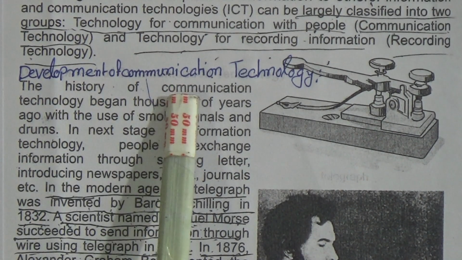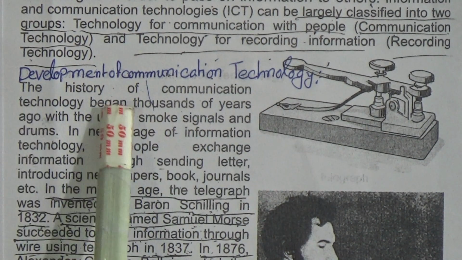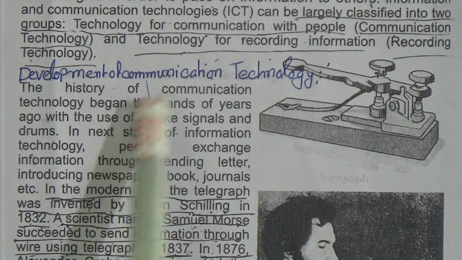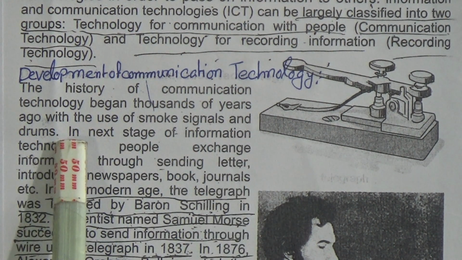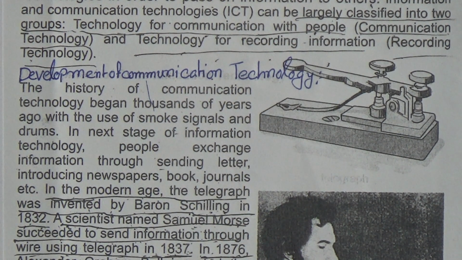Development of the communication technology. The history of communication technology began thousands of years ago with the use of smoke signals and drums. In the ancient time, to communicate with other people, that means the people living far away from you, they used smoke signals.